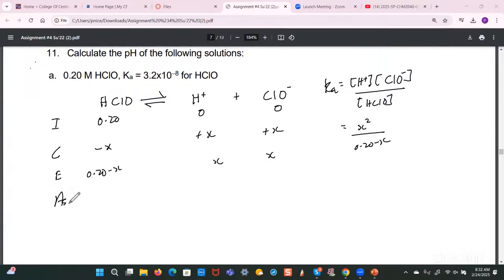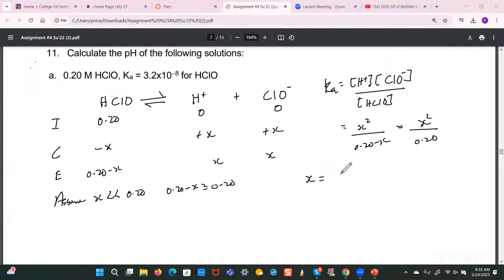We assume that X is much less than 0.20, so that 0.20 minus X is approximately 0.20. That simplifies this to X squared over 0.20, and then we solve for X.